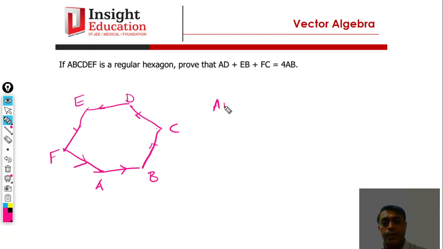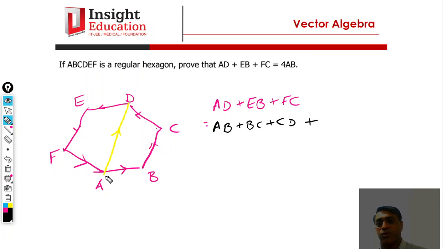So we have to prove AD plus EB plus FC. AD, so I can draw AD. So if we consider the polygon, then for AD I can write AB plus BC plus CD. Okay, so for AD I can write AB plus BC plus CD.